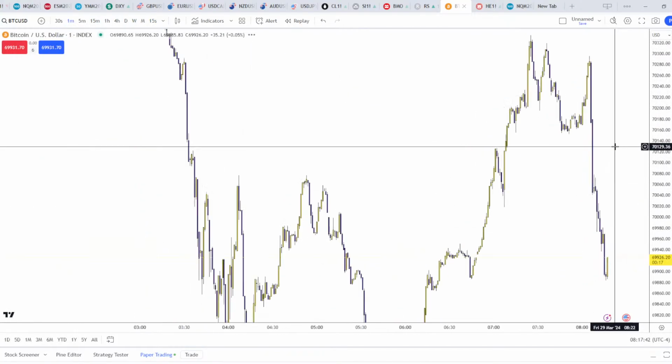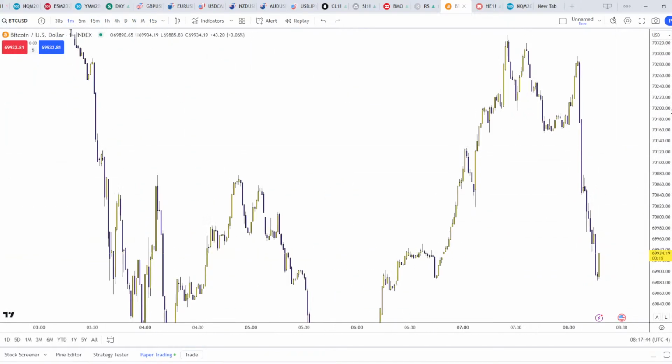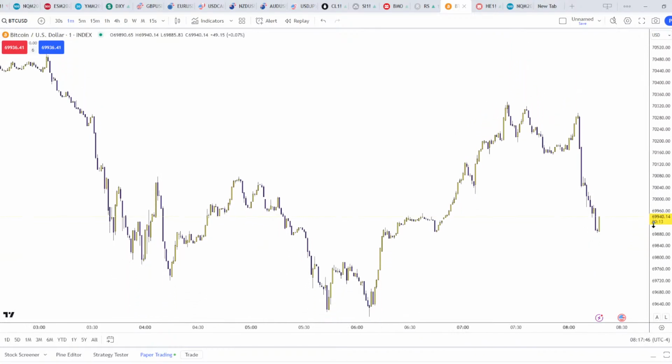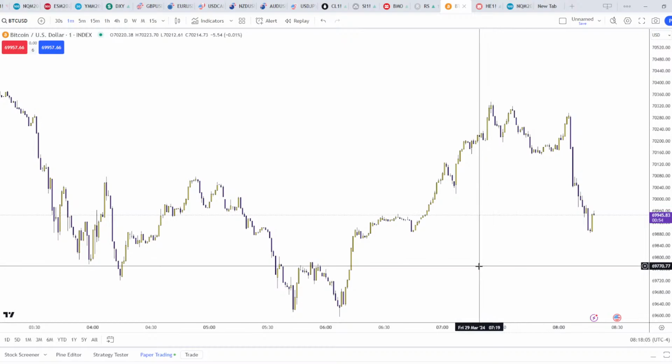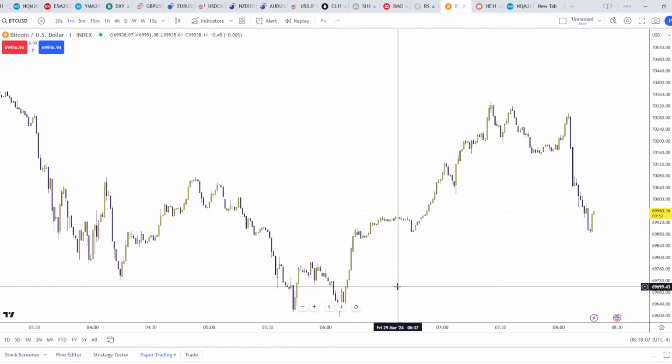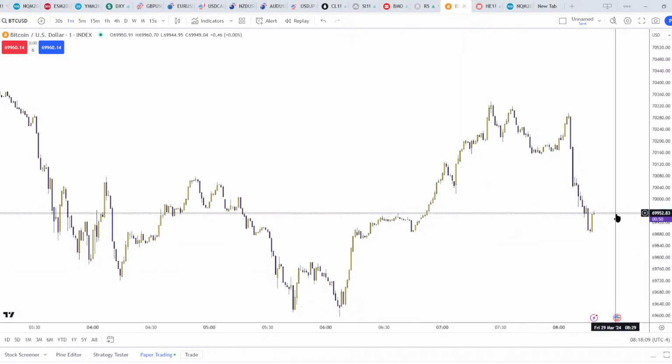Now, is it possible to see that on a 1 minute chart? Keep your eye on this area here. We've now taken out that low. So the body's closing right on it.